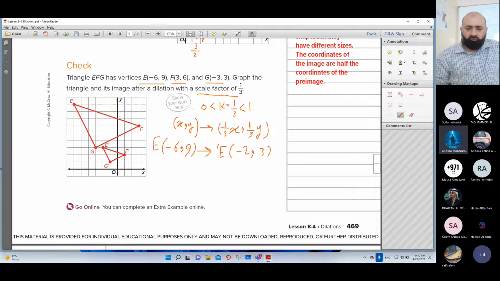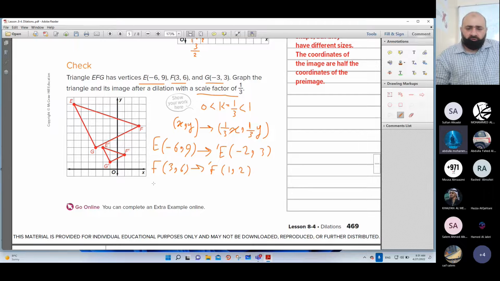So we can represent it here. This is negative 2 in x and 3 in y. And the same idea to find F prime. Take F (3, 6). So F prime will be 3 divided by 3, which is 1, and 6 divided by 3, which is 2.